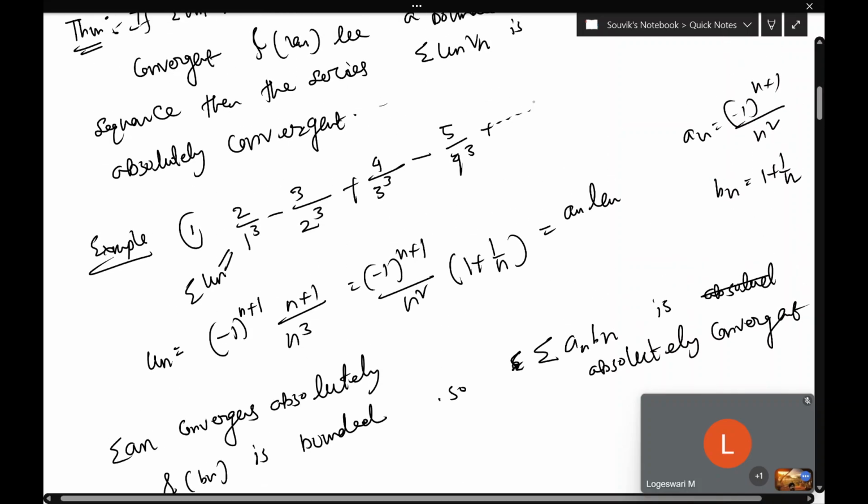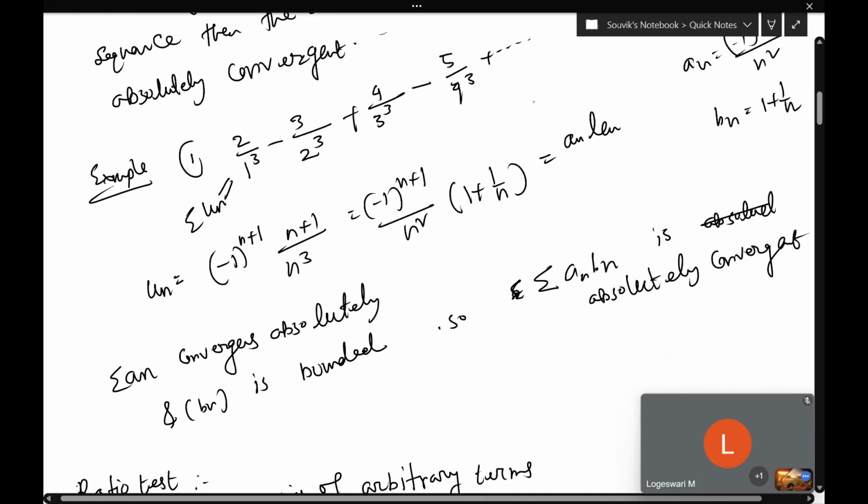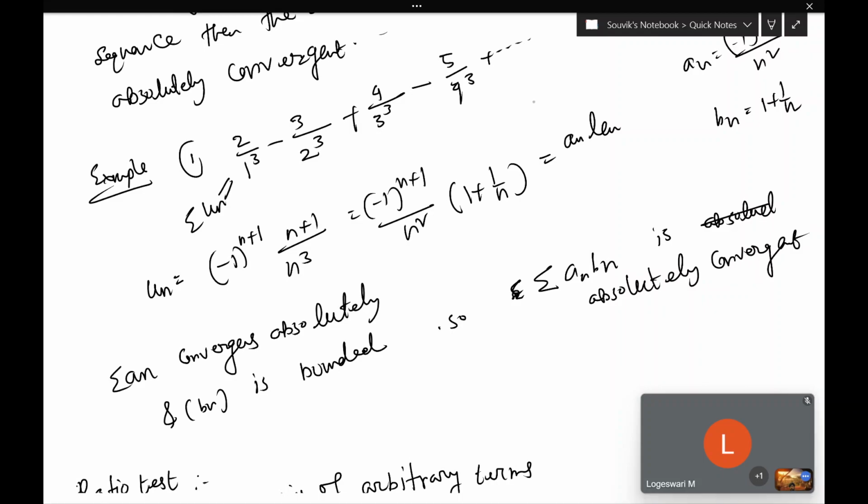What is a_n? a_n is (-1)^(n+1)/n square. b_n is 1 + 1/n. This summation a_n converges absolutely and b_n is bounded. So this summation a_n b_n is absolutely convergent.